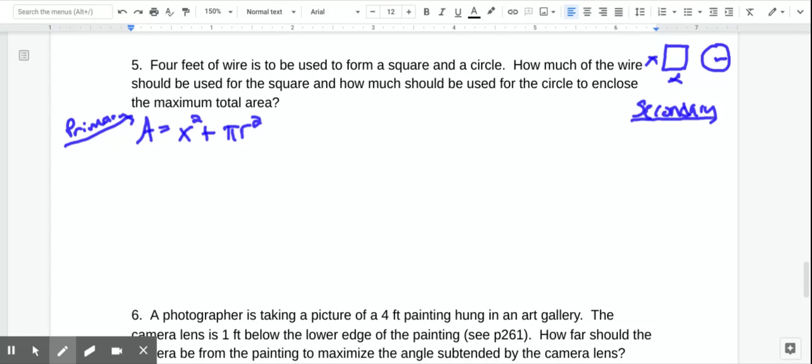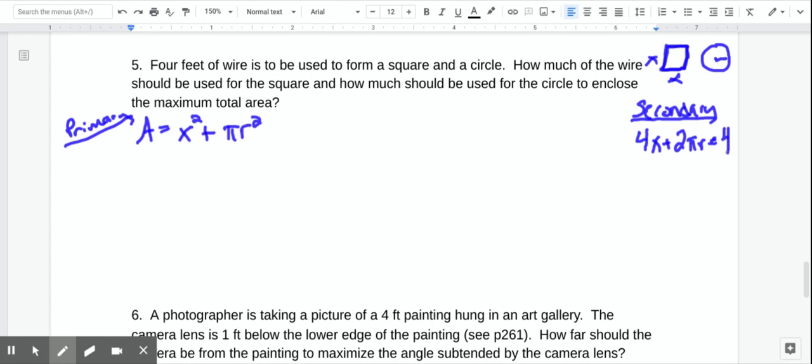So our secondary equation: we only have 4 feet of wire. So the perimeter of the square is 4x plus the perimeter of the circle, or the circumference, 2 pi r, and those equal 4. So we need to solve that for one of the variables.